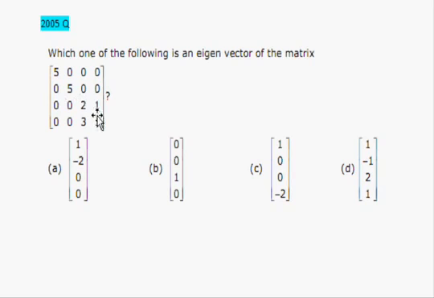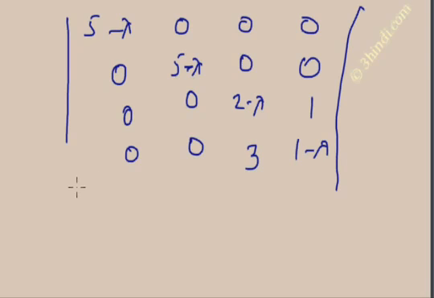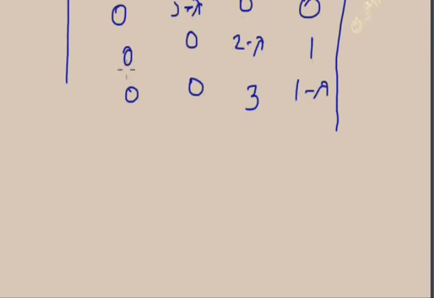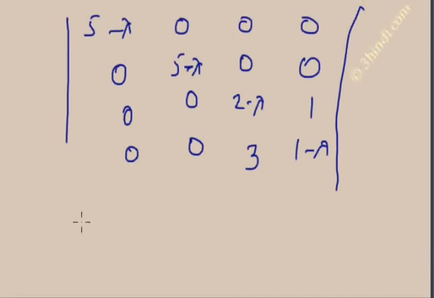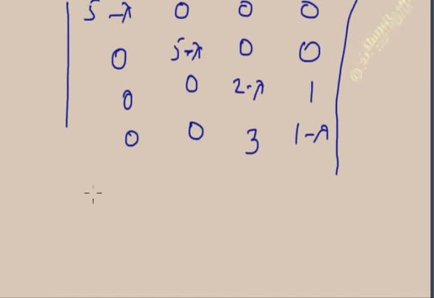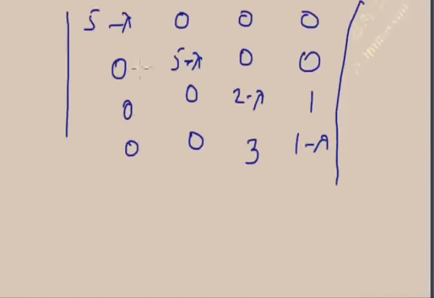So remember one rule. This is not an upper triangular matrix, so you cannot solve easily. Here the rule is that 5 minus lambda into the determinant of this, and the determinant of this will be equal to 5 minus lambda into the determinant of this.